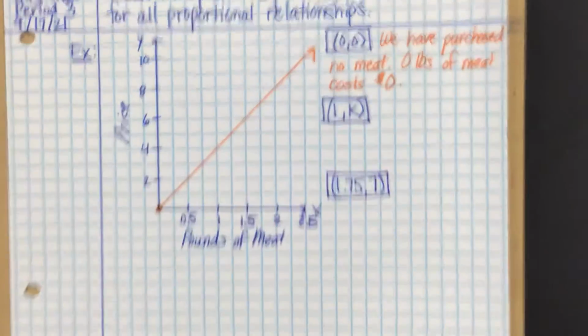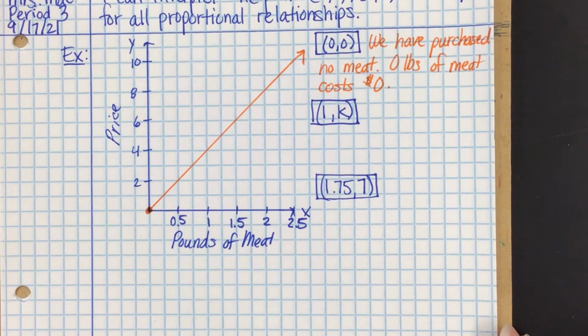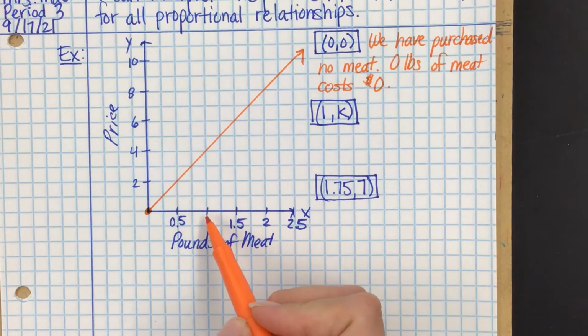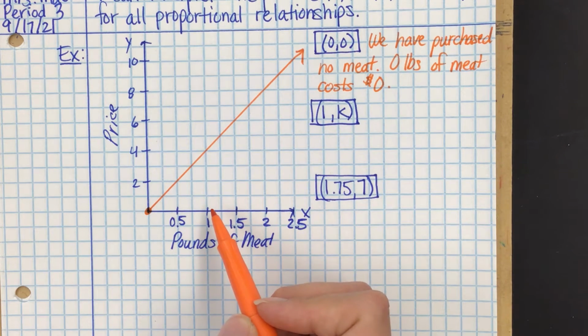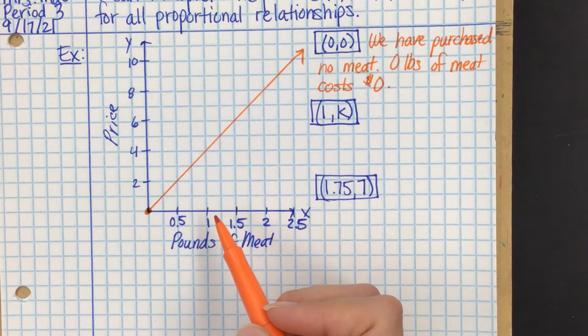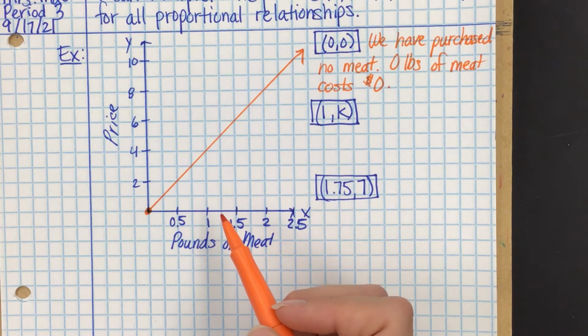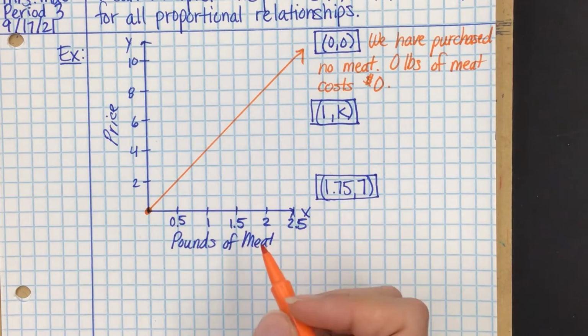Okay, let's take a look at another point, 1, K. Do we remember what the name of that special point with an x-coordinate of 1 is? Go ahead, Karen. Unit rate. What else can we call it? Constant of proportionality. Awesome.